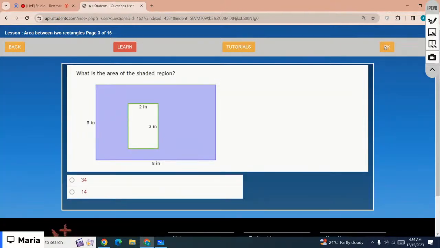Okay, what is the area of the shaded region?